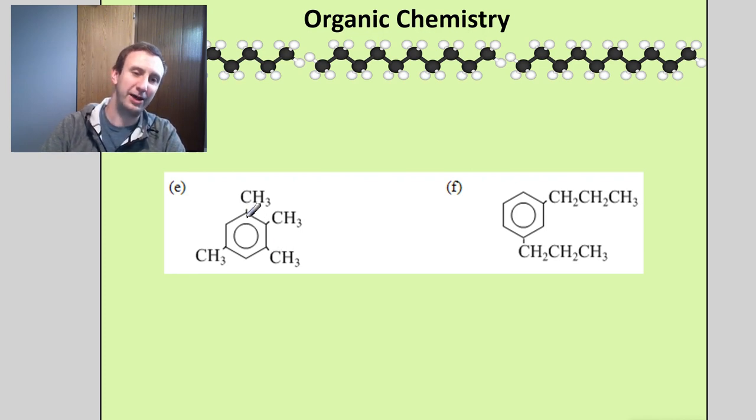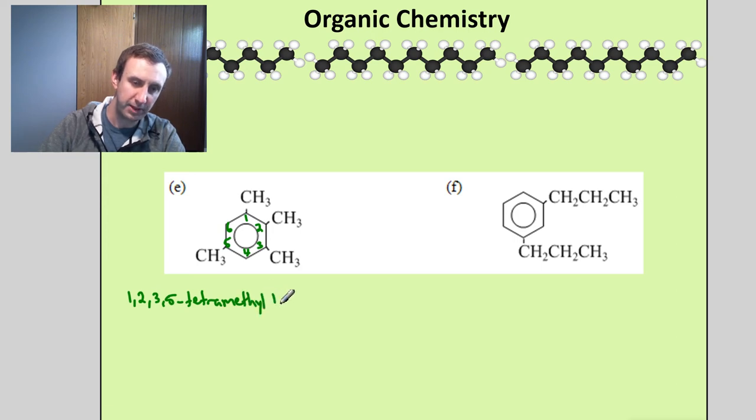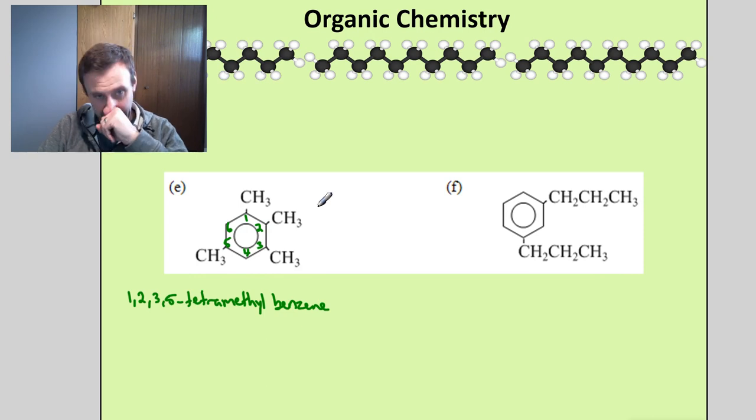We can get branches on 1, 2, and 3 by going either direction, so that's where I have branches side by side. That would be the best way to start out. So I go 1, 2, 3, 4, 5, 6. The naming for this would be 1,2,3,5-tetramethylbenzene. Now, again, remember to make sure that it actually is a benzene.